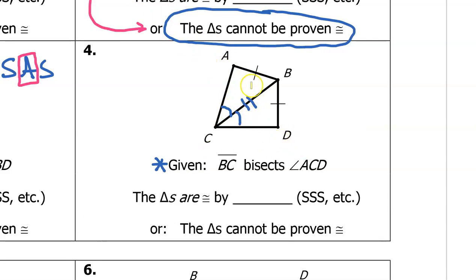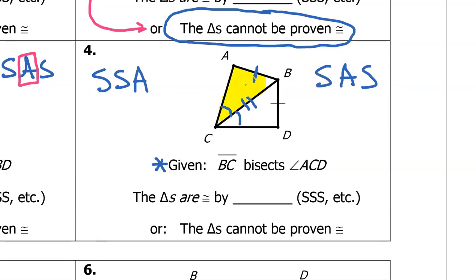All right, let's focus on one triangle at a time. So let's focus on this yellow triangle right here. So what do we have? Once again, we have two sides and an angle. So this is either a side-side angle situation or a side angle side situation.